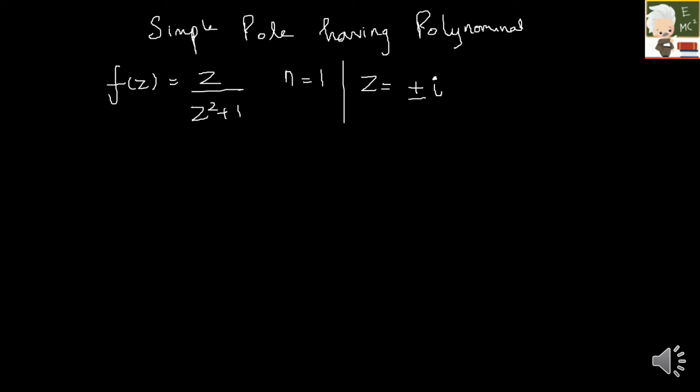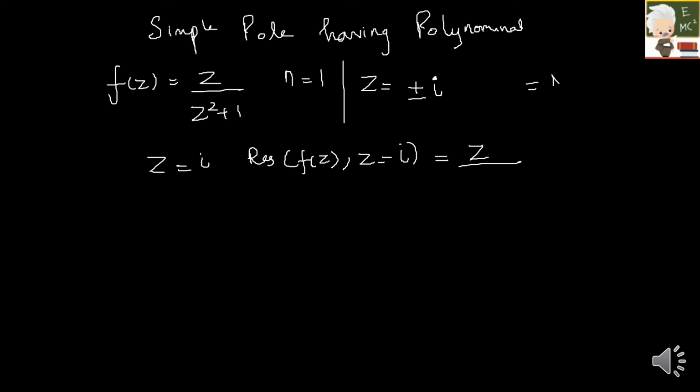What the trick says is, I have to find the residue of f of z at z equal to i. You don't need to write the formulas. You just take your numerator from your function f of z, which here is z, and differentiate your denominator.